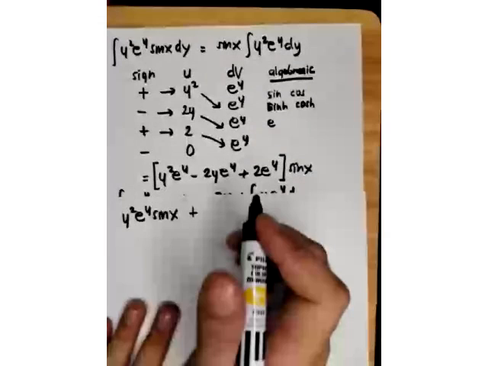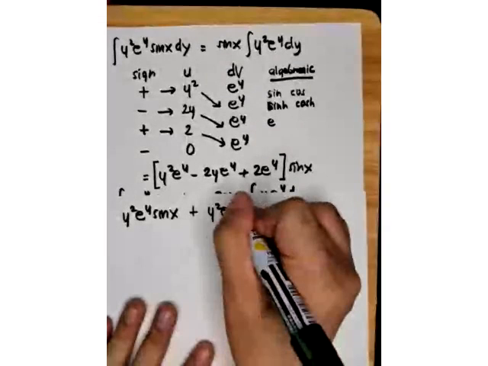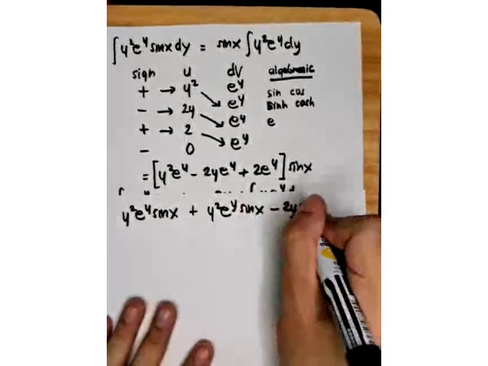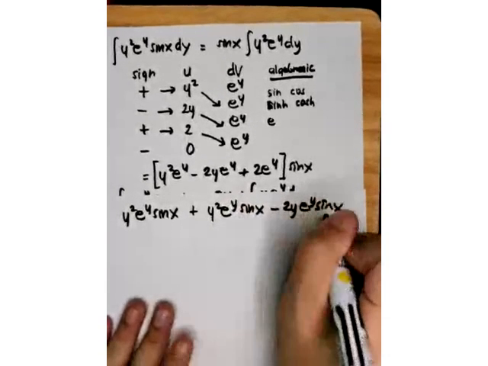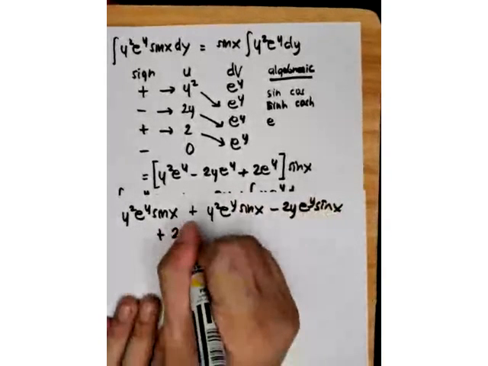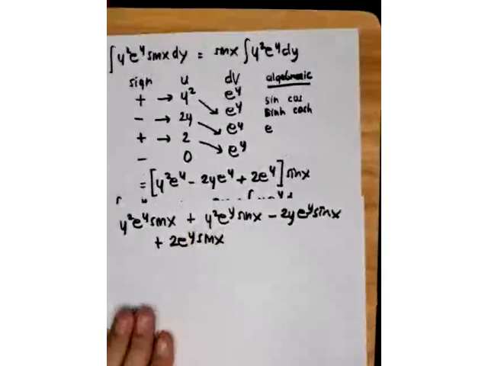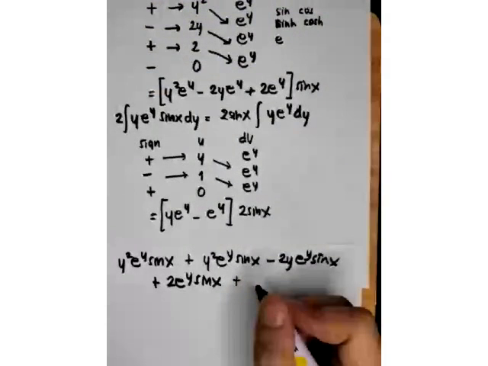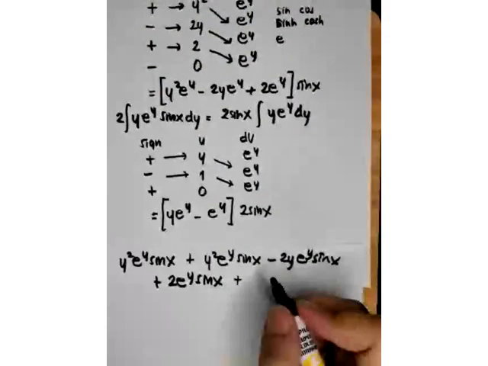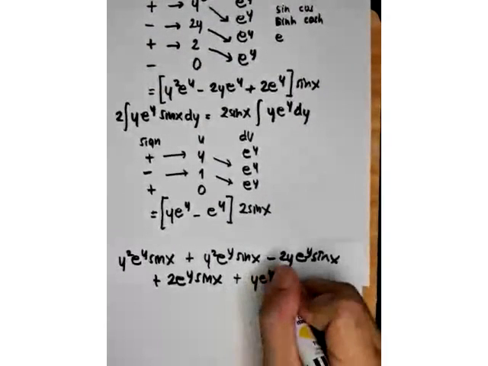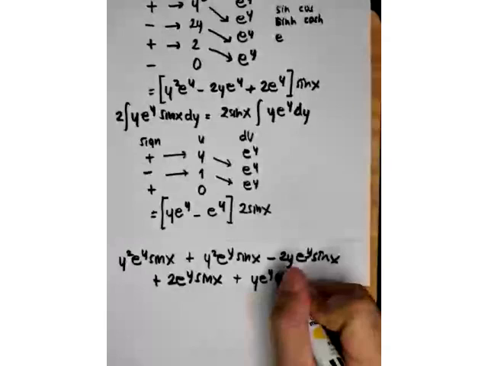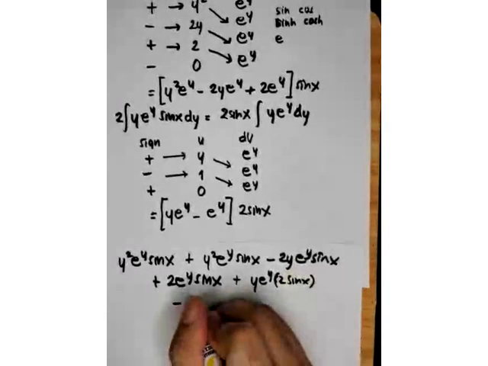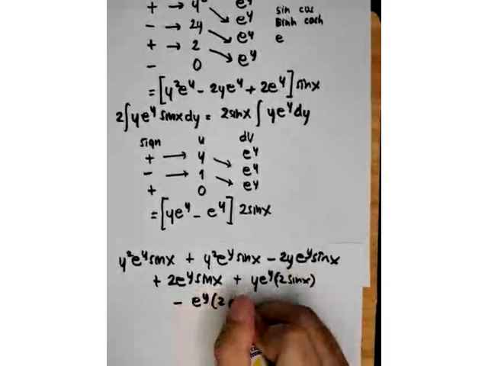So, y squared e raised to y sine x minus 2y e raised to y sine x plus 2 e raised to y sine x. And then, plus y e raised to y 2 sine x minus e raised to y 2 sine x.